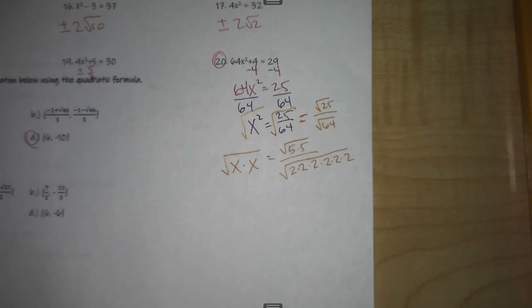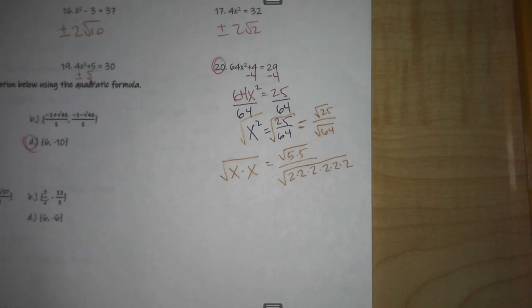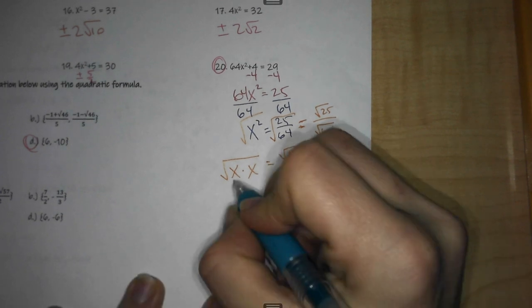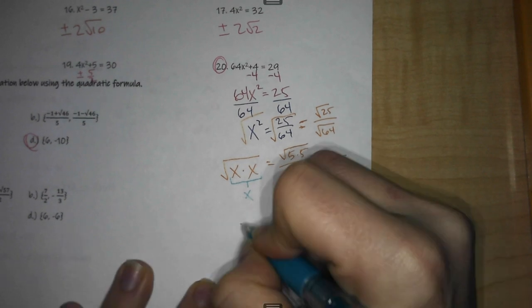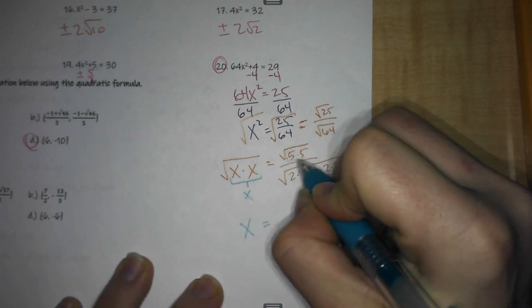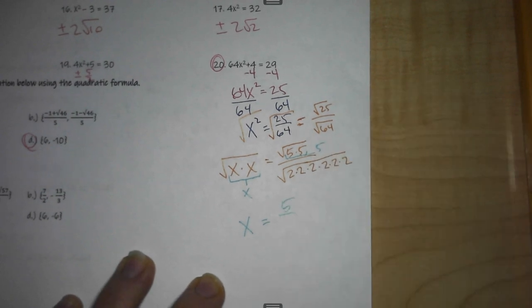Okay, now remember with our radicals, to simplify, I need to pull out my pairs. So on this side, I'm pulling out 1x. On top of here, I'm pulling out a 5.